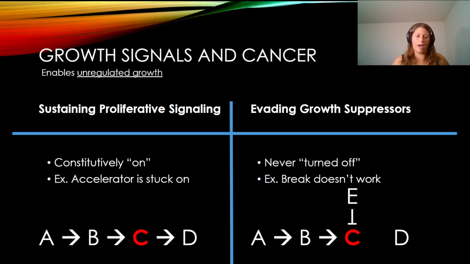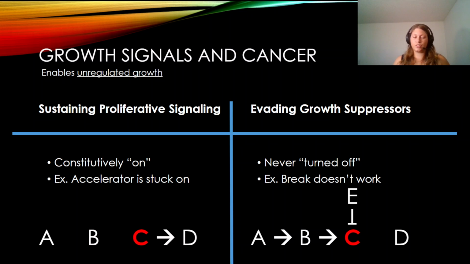So if you look at this pathway, which is what we call these series of letters or names, you can see that A normally causes B, which causes C, which causes D. This would be like pressing on the accelerator pedal makes it so that your car goes. Now, if we made it so that A is no longer being activated, all of the things downstream should also not be activated, right?